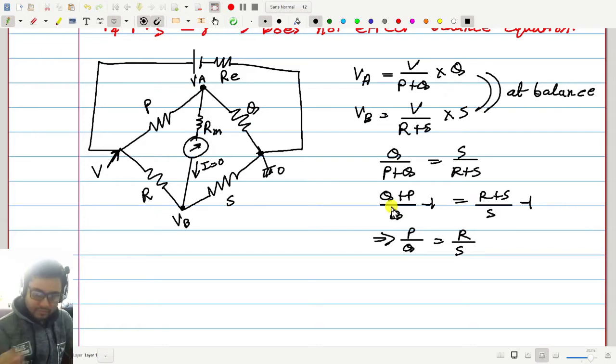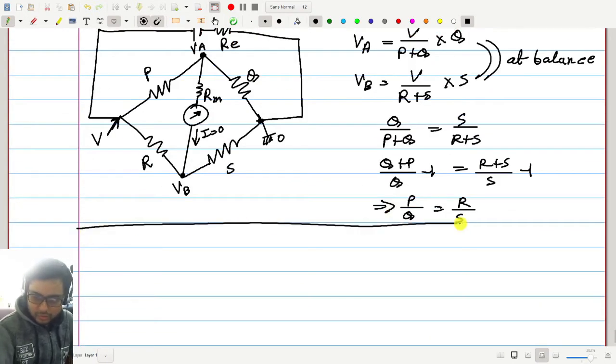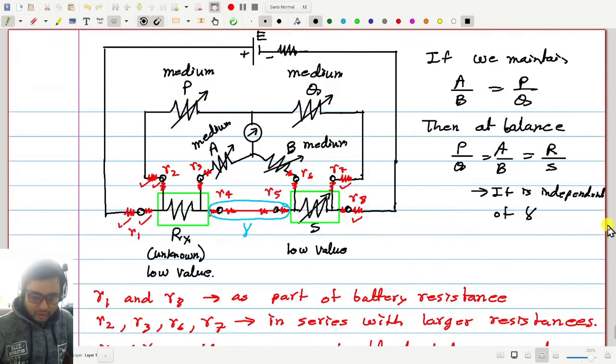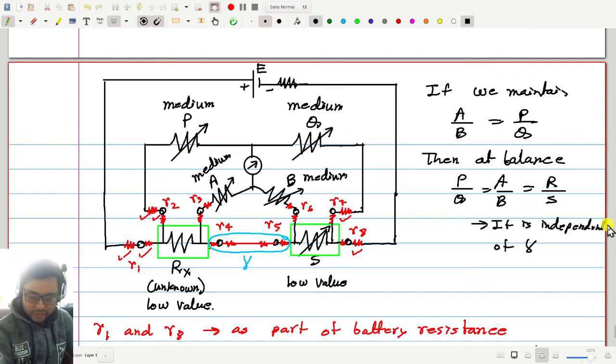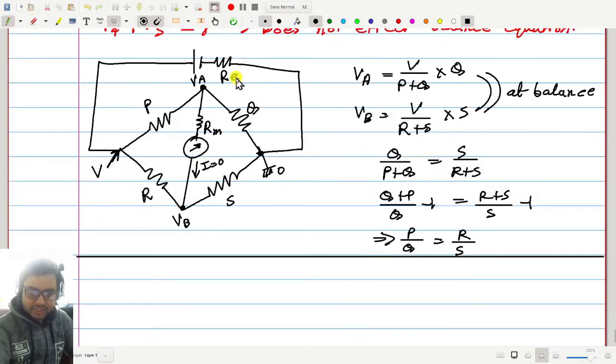Okay, sir. So yeah, we are done with this. One thing, sir, how are we writing P by Q equals R by S? Here in this Wheatstone bridge?